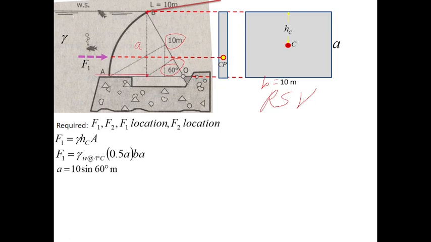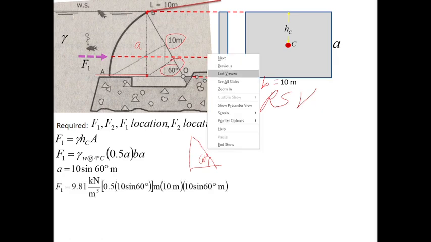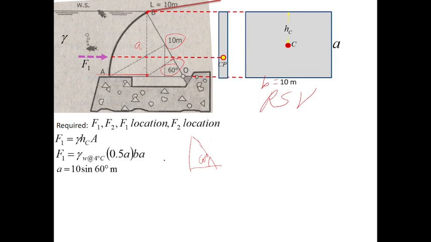So ano yan? Right triangle, right? It's a right triangle. And this is 60 degrees, and this is 10 meters. And then this is A.